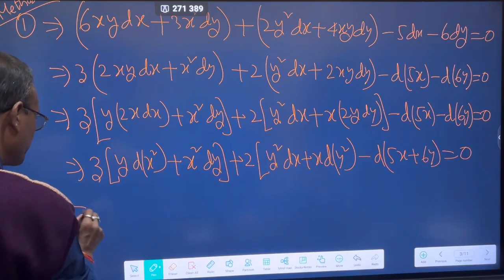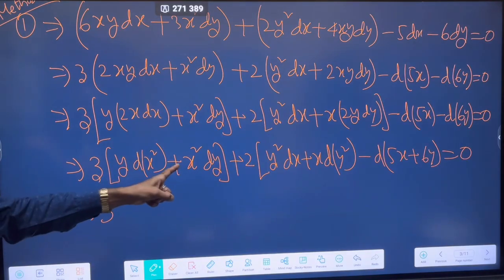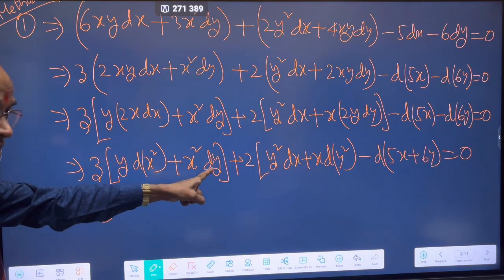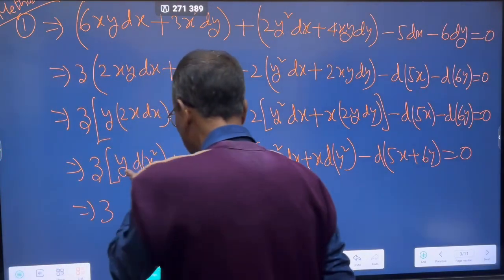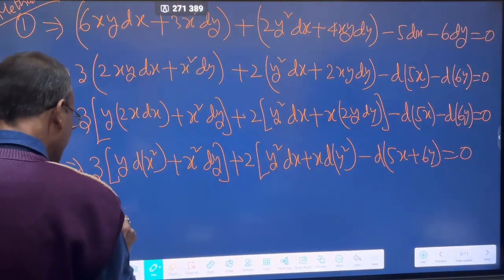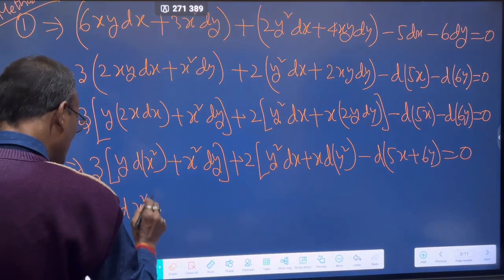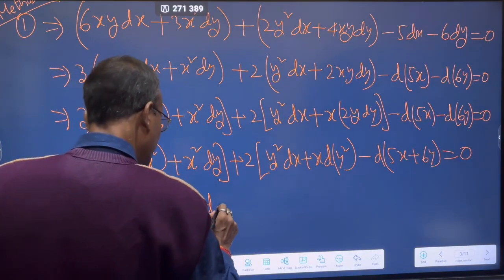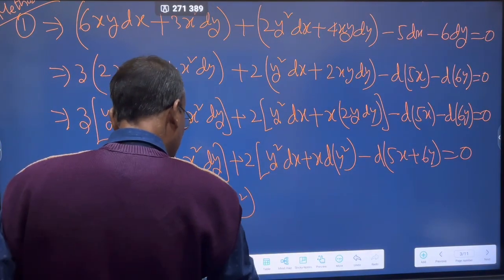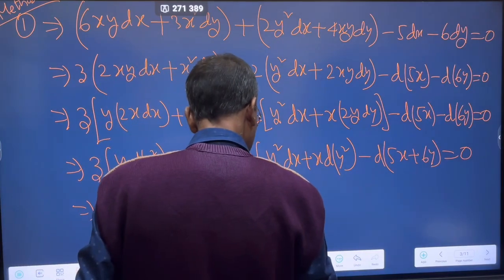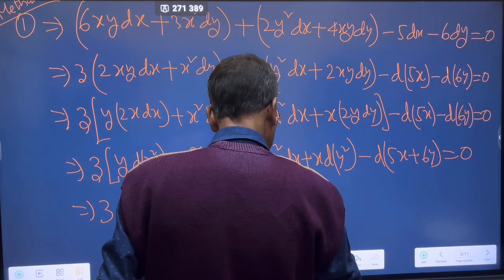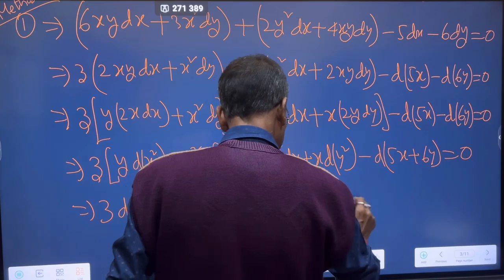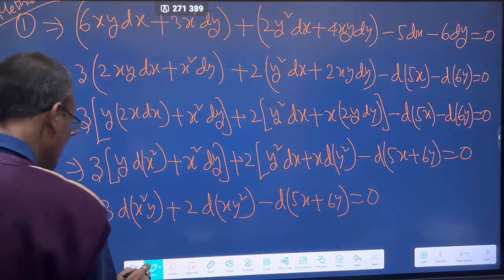This means 3, you see, first function times differentiation of the second function plus second function times differentiation of the first function, d of x²y, plus 2 times d of xy², minus d of (5x plus 6y) equal to 0.